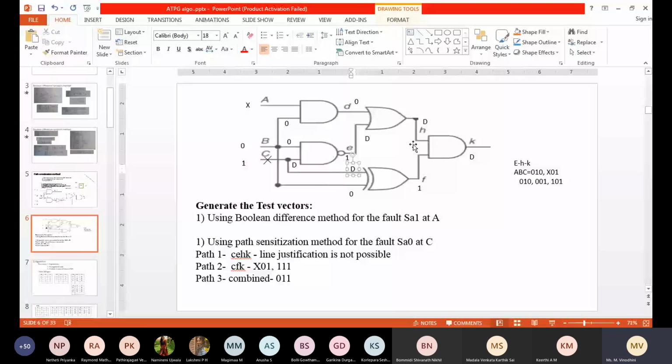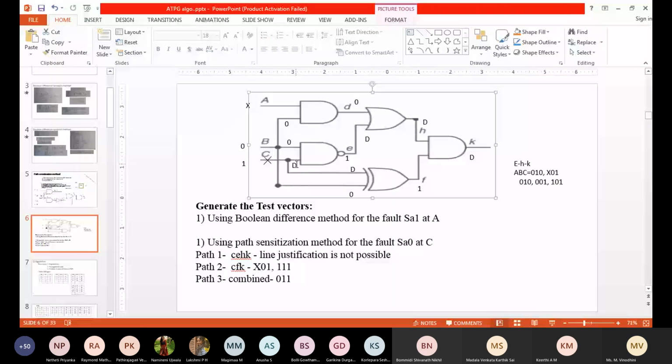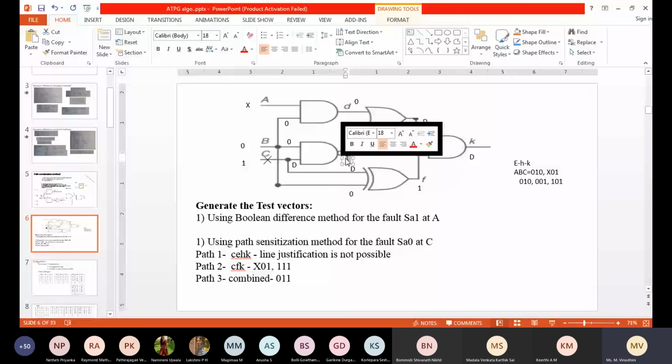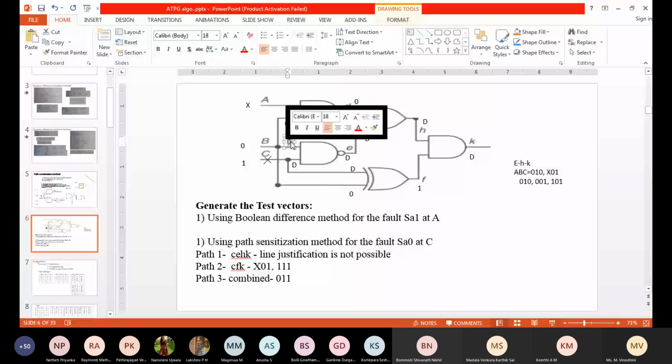So this D, which is present at C, has to move to E. If it has to move to E, B should be, for the NAND gate, 1 or 0? 1, ma'am. So if this B is 1, automatically this is 1.